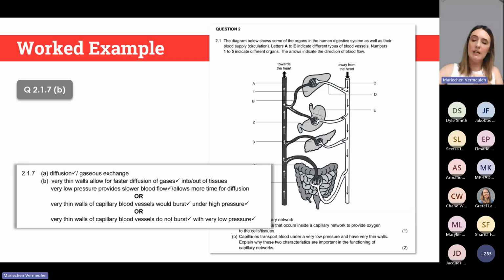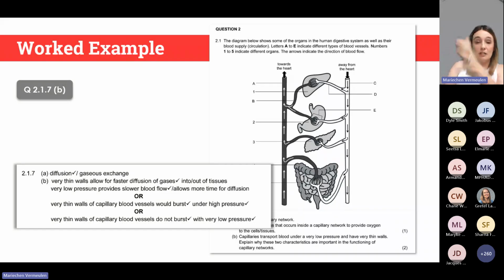And when you have a forward slash on the side, it means that whatever is after the forward slash would have been an alternative phrase to the mark. So a learner would have said very low pressure provides slower blood flow.